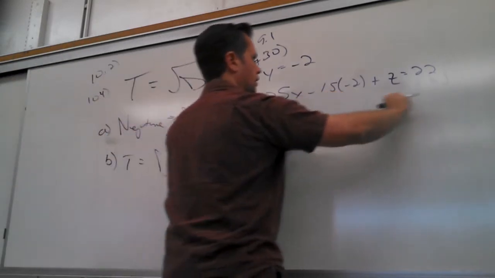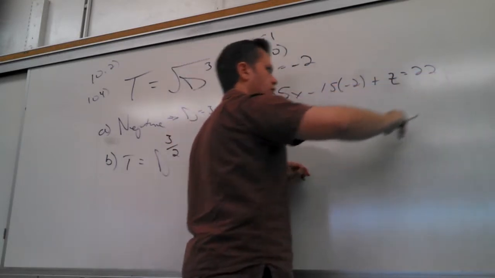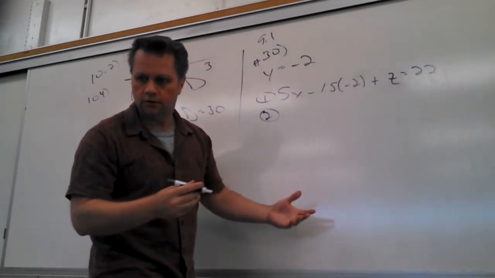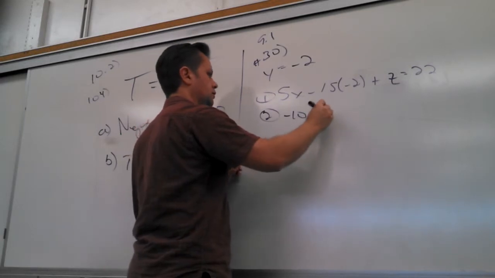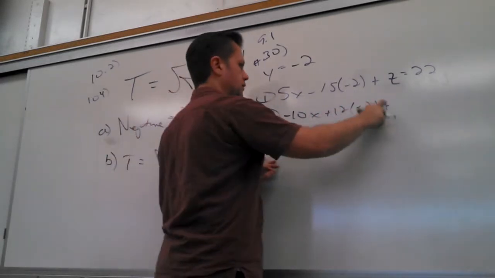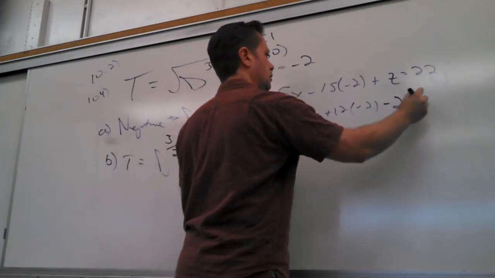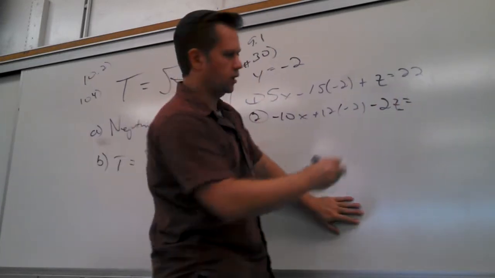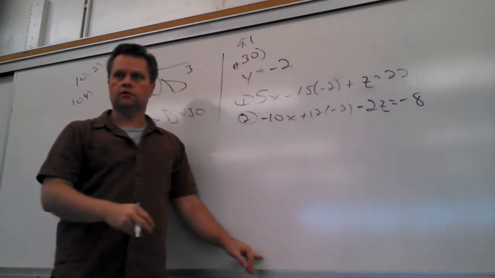So this will be plus 30, I can subtract it over. The second one, negative 10x plus 12 times negative 2, minus 2z equals negative 8. Right?